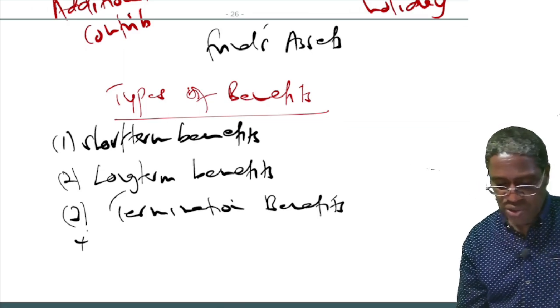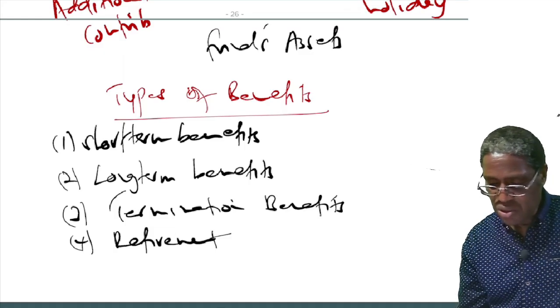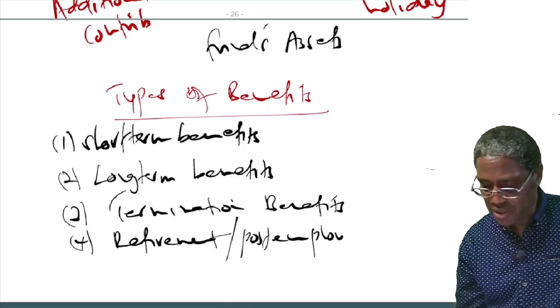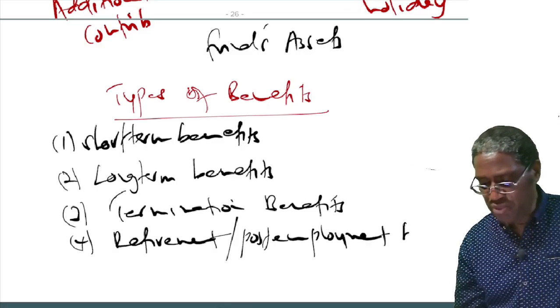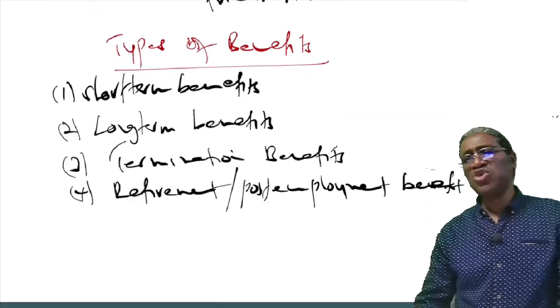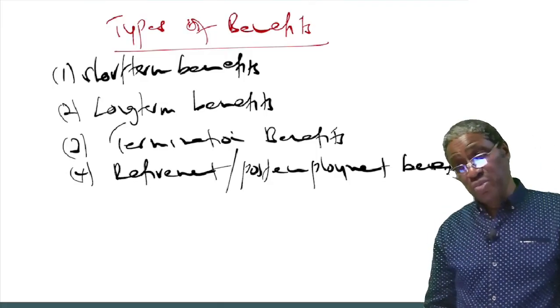Number four is what we call retirement, also called post-employment benefits. So these are the types of benefits that you as an employee may be entitled to in the process of your employment.